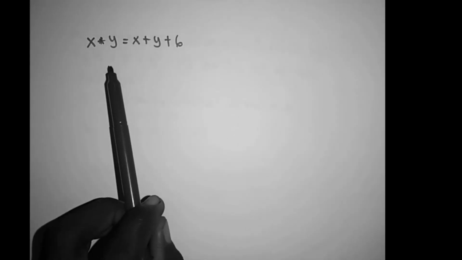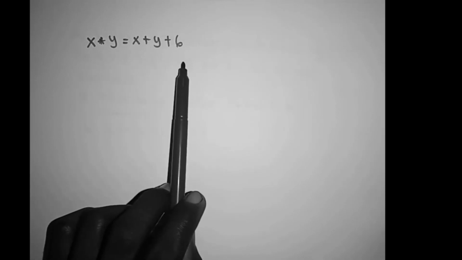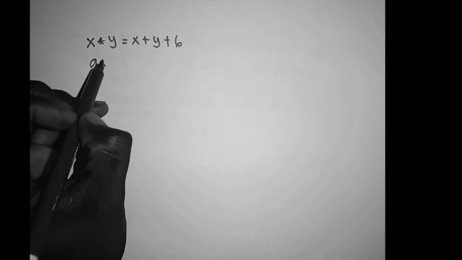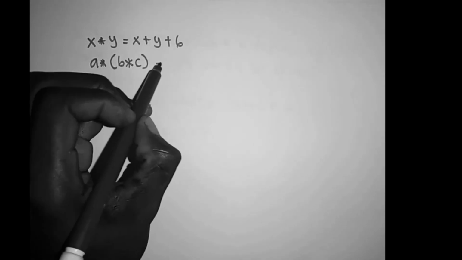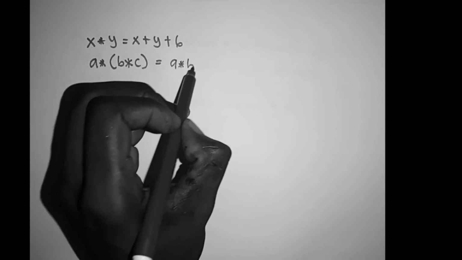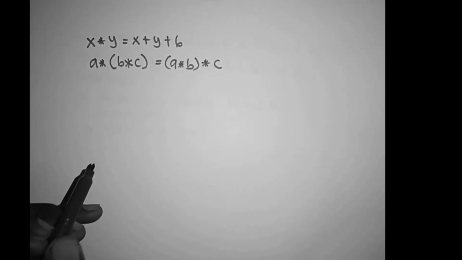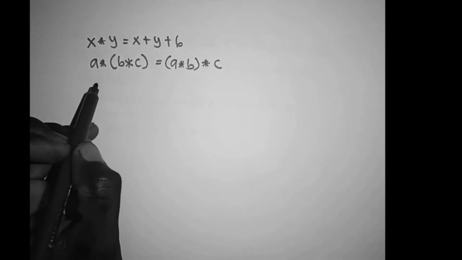The second part of the question, we need to determine whether the operation is associative. So for associative, A operation into bracket B operation C is the same as A operation B operation C. So let's first do this part.